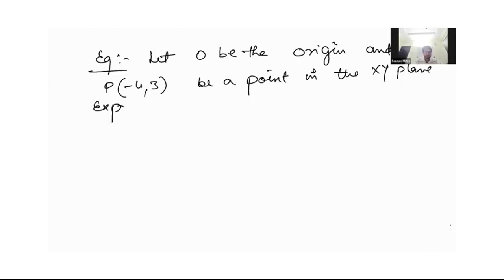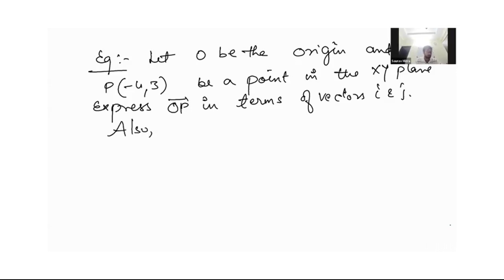Express OP in terms of vectors i and j. Also find the magnitude of the OP vector. Clear? So let O be the origin and let P, minus 4, 3, be a point in the xy plane.